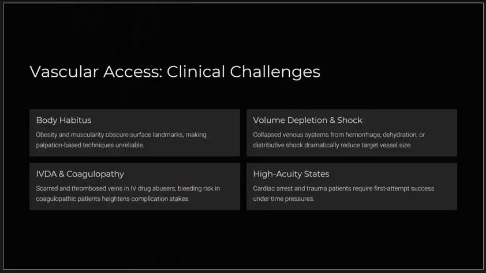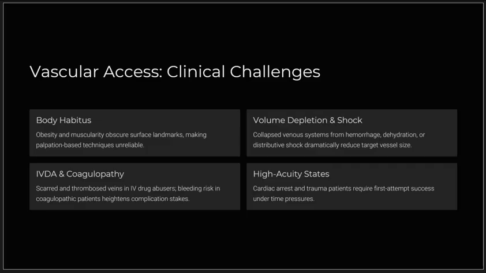So why use ultrasound for vascular access? Well, we know that different patients have different body habitus. So whether it might be an obese patient or one who's really muscular, it can be hard to use surface landmarks or palpation-based techniques to identify these blood vessels.